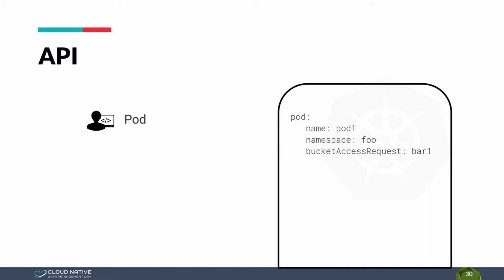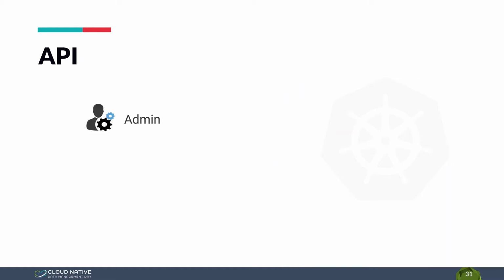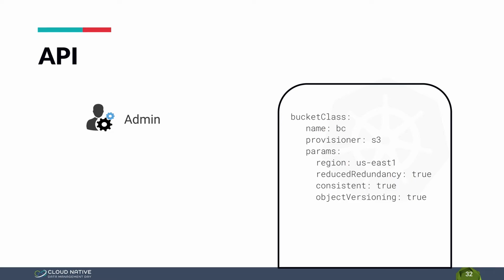So there is no reliance by the developer on the admin. A developer can just use buckets. The admin, I said, still has a role to play, which is setting broad policies, quotas, and access control. The admin can do that using the class objects that I showed earlier.